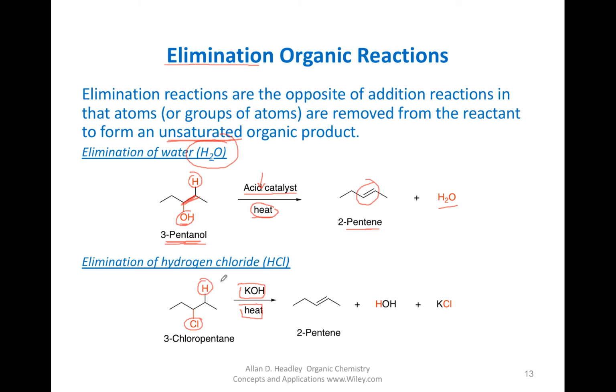So if we are taking off H and Cl across this carbon here, you can imagine it creates a double bond, an alkene, and here's our H that goes with the OH, and the Cl goes with the potassium. So that's your elimination reaction.